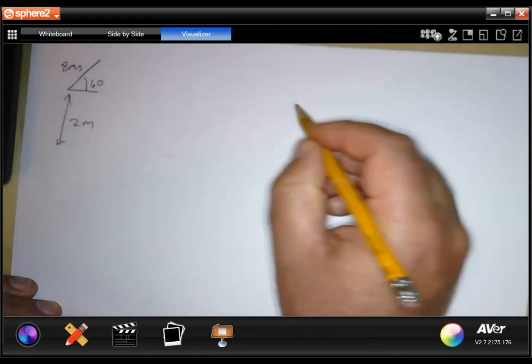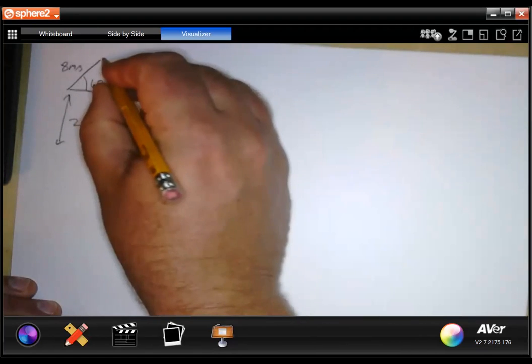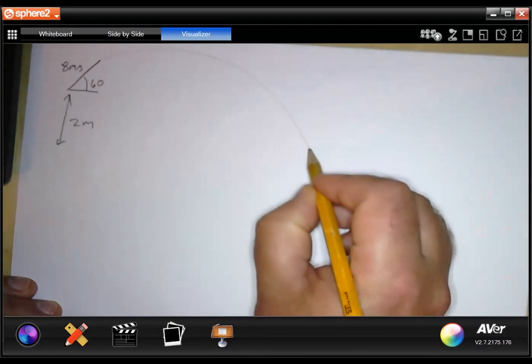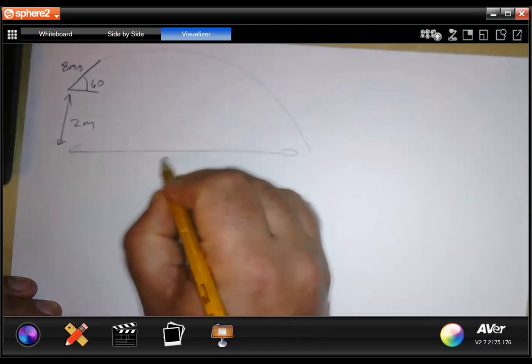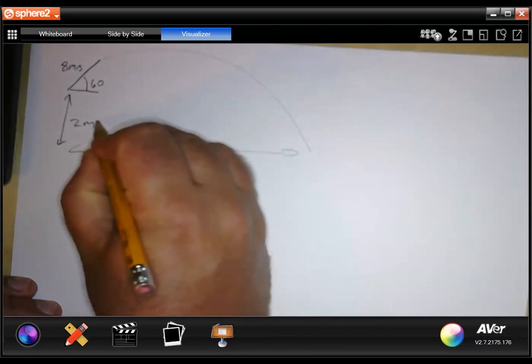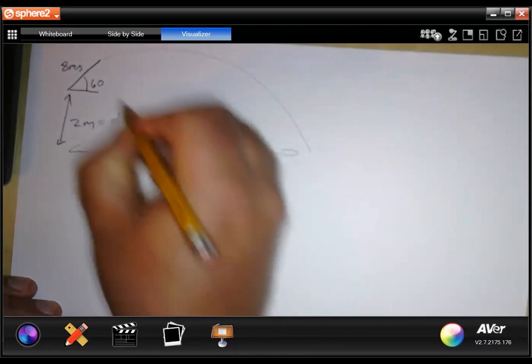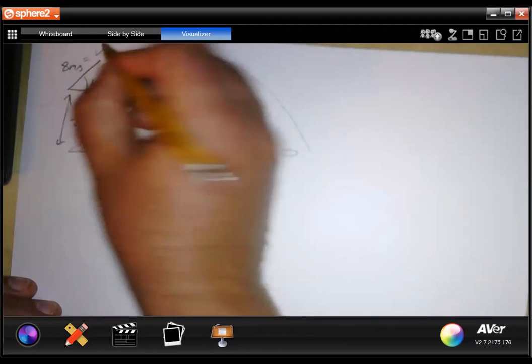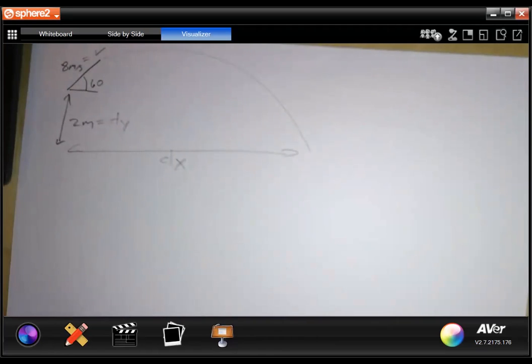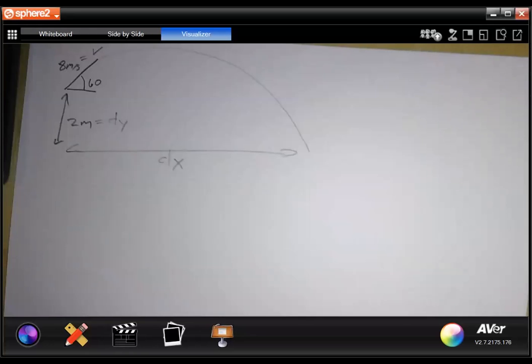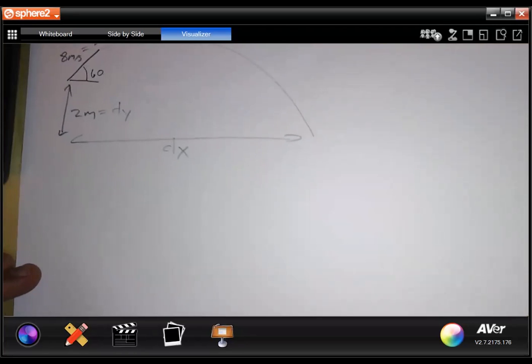One thing we're going to have to realize for all this, as this tracks across, we're looking for this distance. We know this distance, we know this velocity. So if we know these numbers, then we can start breaking things down.